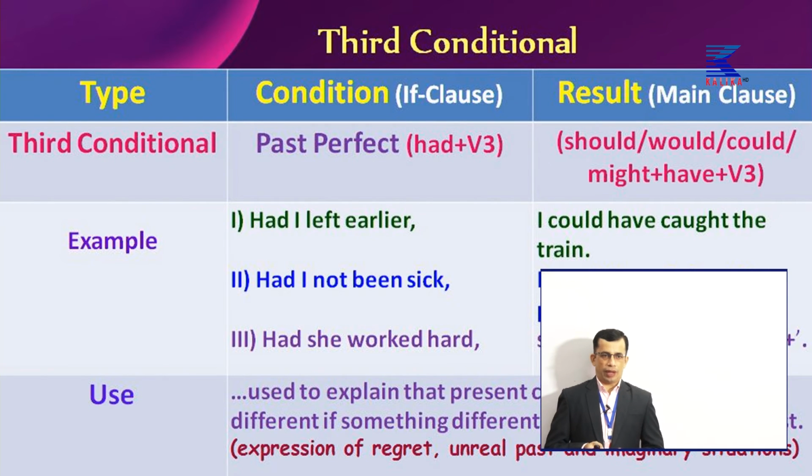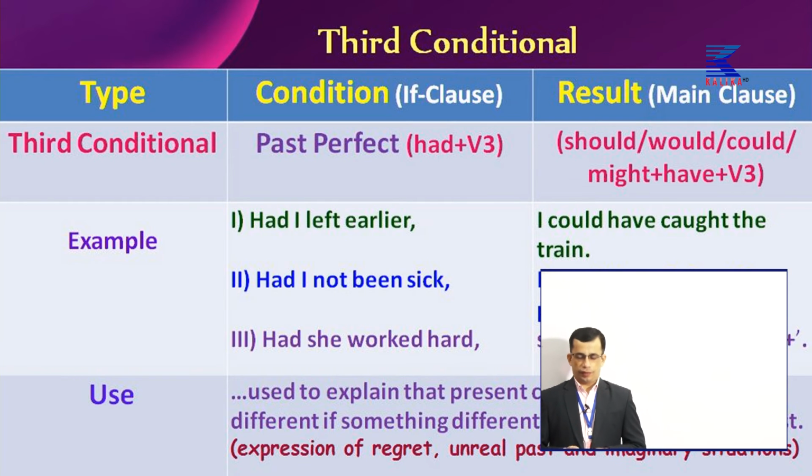Past perfect, had plus verb 3, and in the consequential clause, I mean main clause, should, would, could, might, have plus verb 3. Okay. Had plus verb 3, here should, would, could, might, and have plus the third form of the verb. Okay.